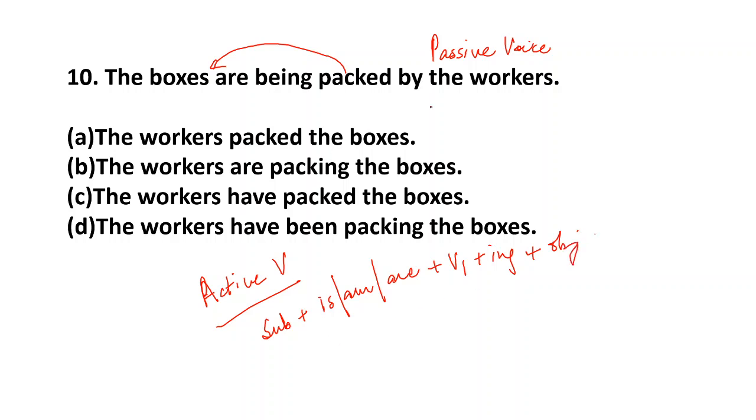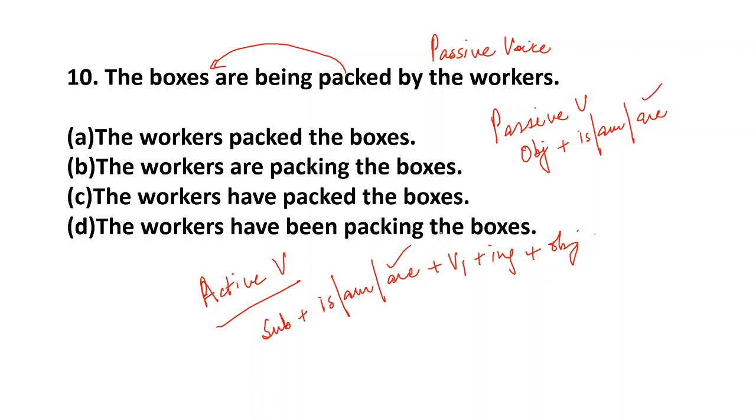Now see the passive voice form: the object comes first, the boxes, plus is, am, or are. Here it is "are", so this will be used.